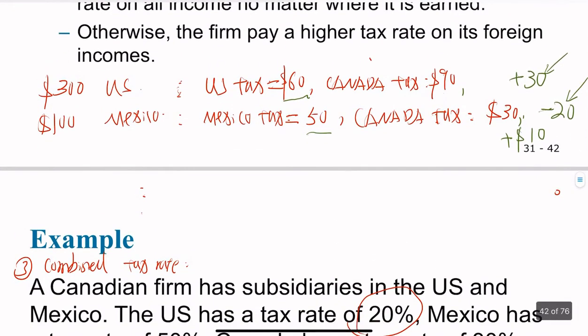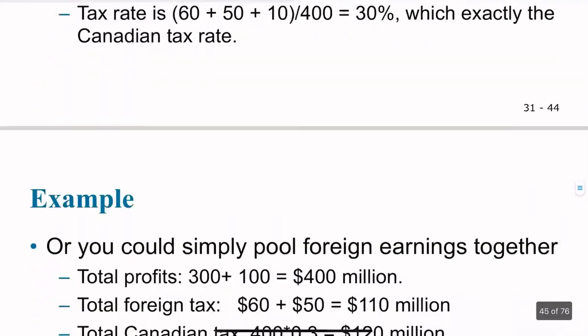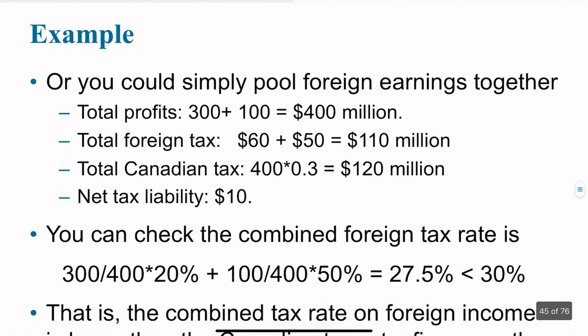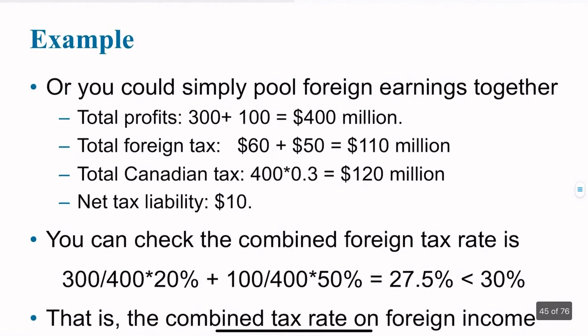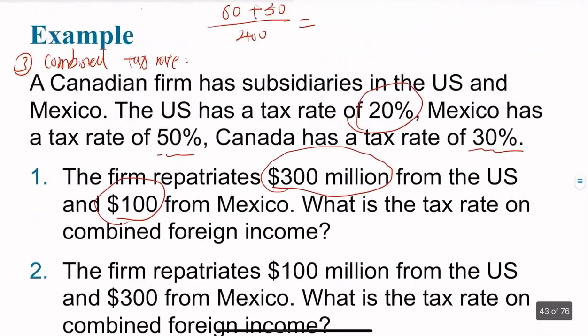Note that the US tax is 60, and the Mexico tax is 50, and the total foreign income is 400. So this gives us the combined tax rate of 27.5%.